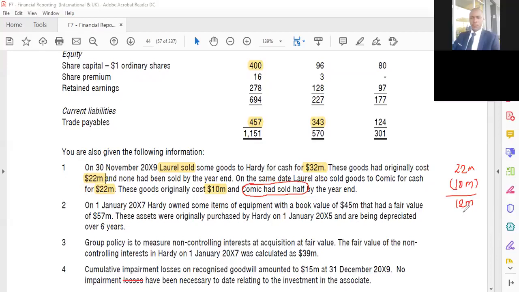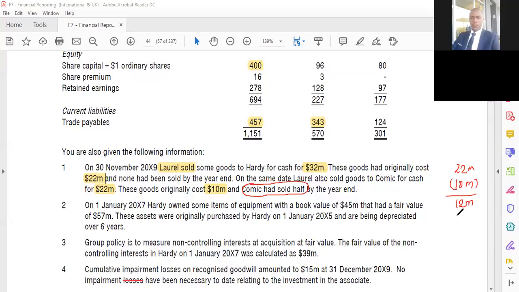To send the 12 million here, remember, as we do not control the associate, the only thing that we have is significant influence. And the influence that we have is 40%.